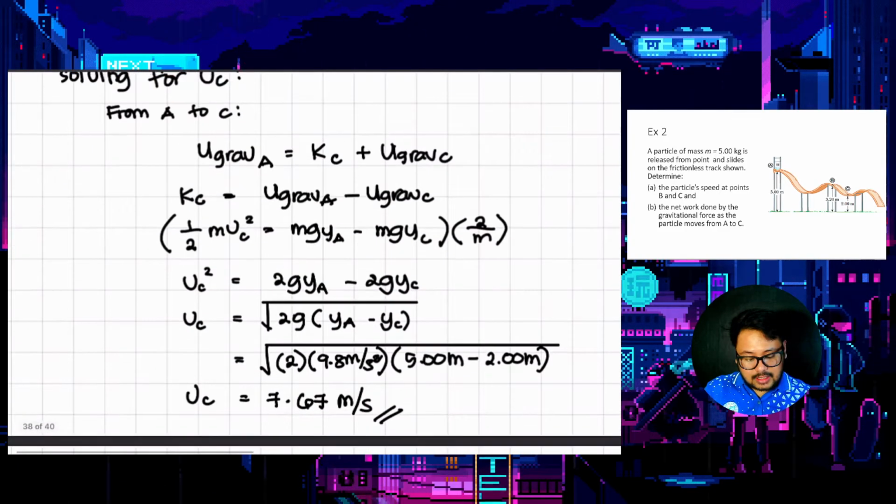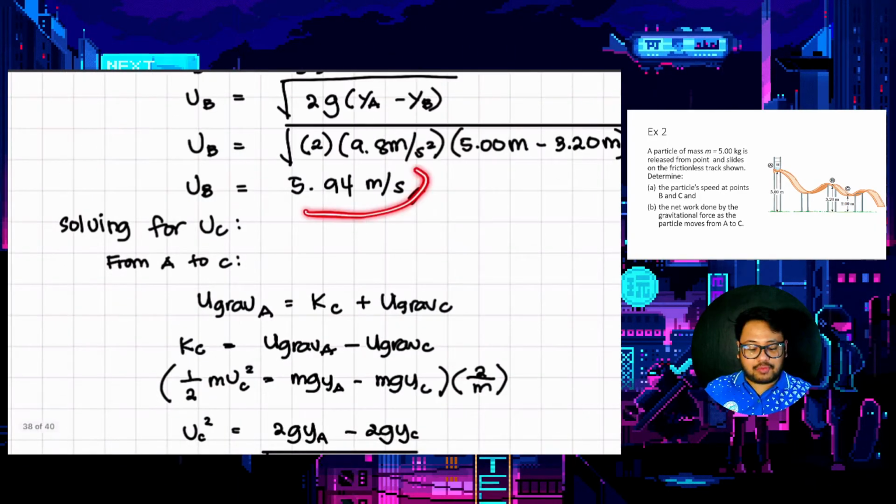Doing algebra, as shown, our speed now becomes 7.67 meters per second. As you can see here, it is the same with our understanding that as it goes down, our particle is speeding up. So as it goes down, the kinetic energy is getting higher and higher. Hence, our speed here is 7.67 meters per second, which is higher than our 5.94 meters per second.